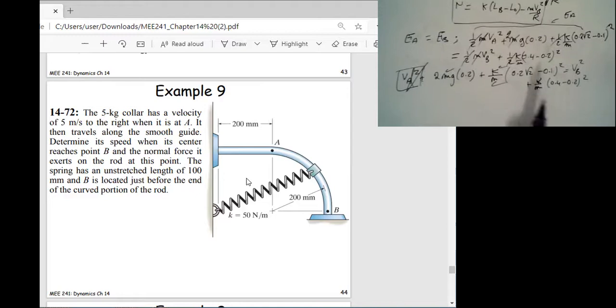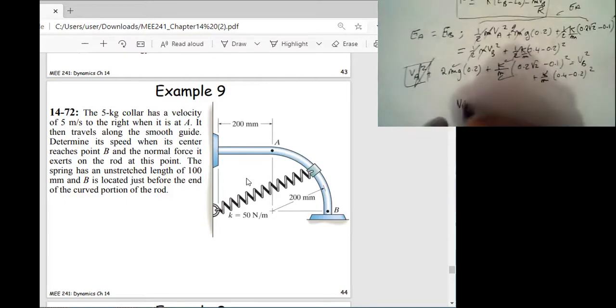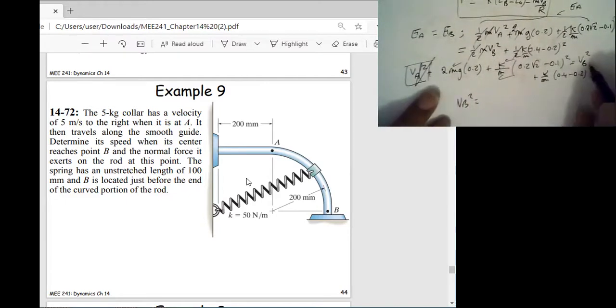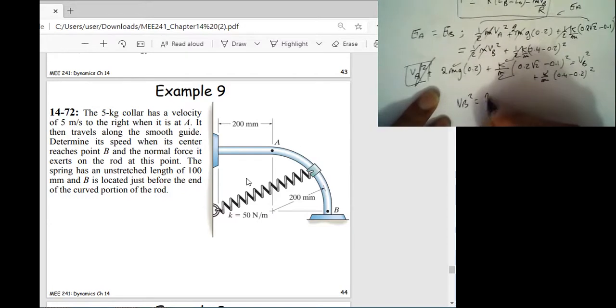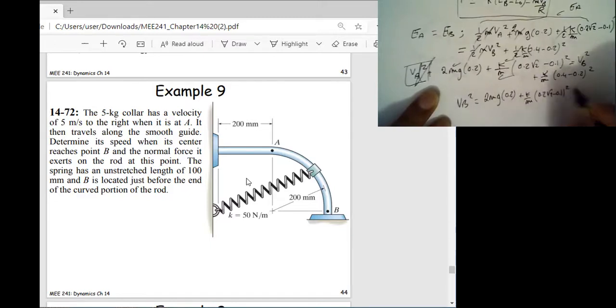One thing that I want to mention to you guys. Let's say you have this equation and you're trying to solve for V_B. In reality, V_B squared is equal to what? I'm going to bring these over here. So I have 2 m g multiplied by 0.2 plus k over m times (0.2 square root of 2 minus 0.1) squared minus k over m times (0.4 minus 0.2) squared.